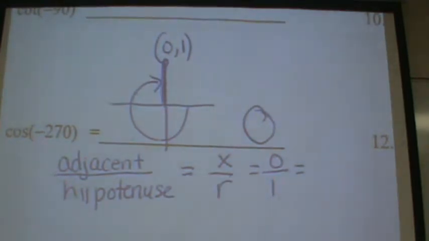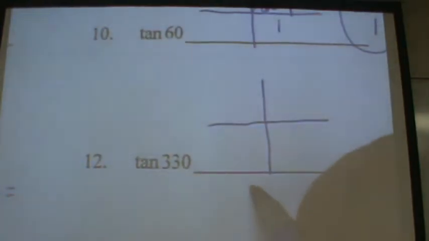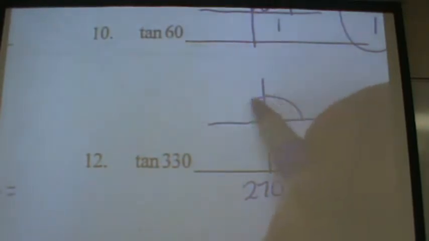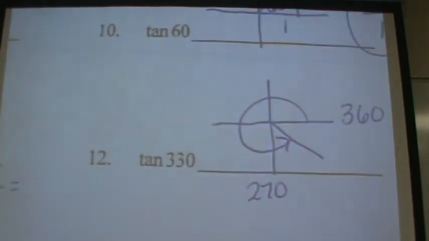Tangent of 330. Where's 330? Quadrant 1, 2, 3, or 4? It's between 270 and 360, so it's somewhere here.